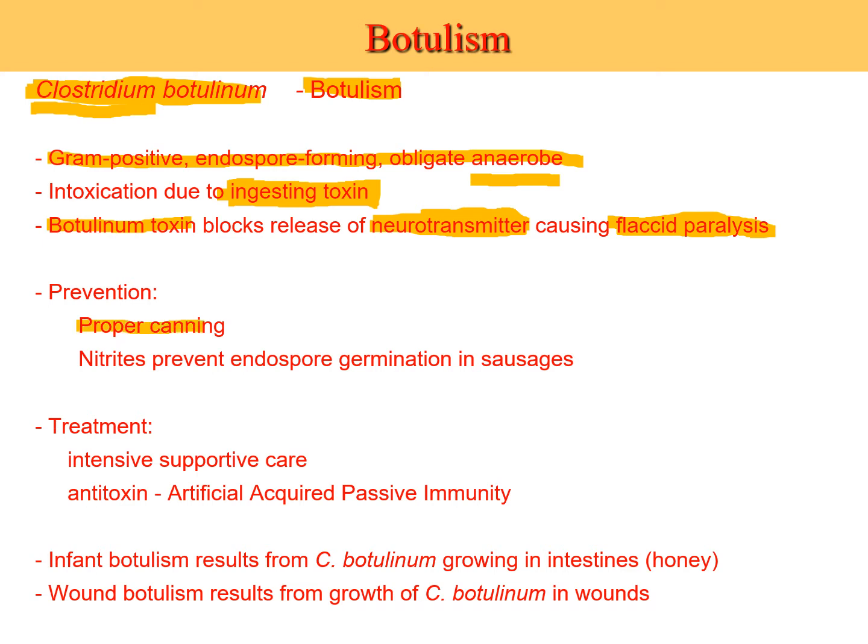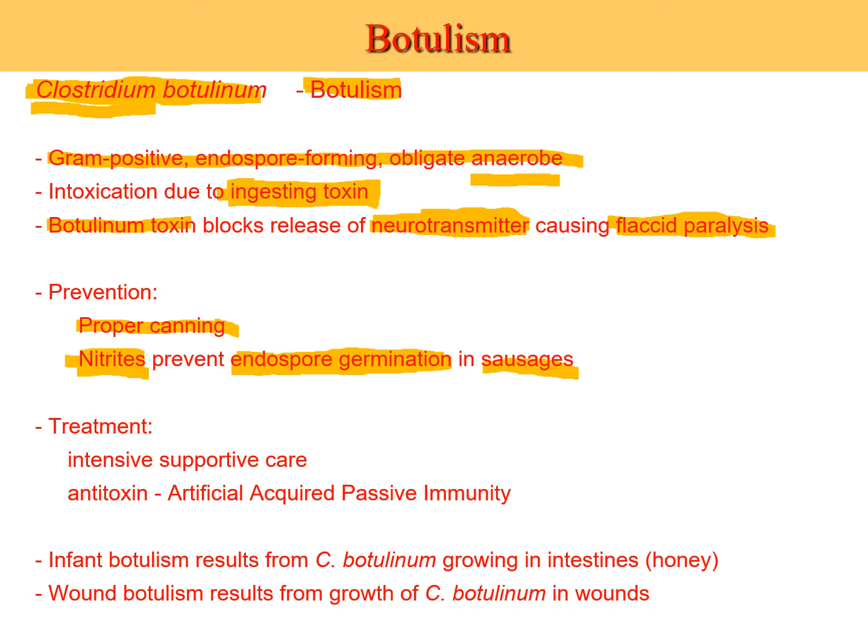Prevention is by proper canning and also by the use of nitrites in processed meats, which prevents endospore germination. Nitrates can be added. Nitrate is red in color, that's why sausages are red. It can also be created by smoking the meat, and you get a red color because nitrates are produced.